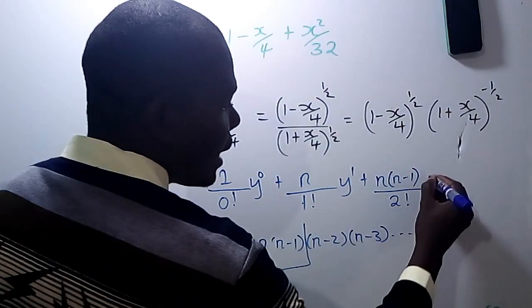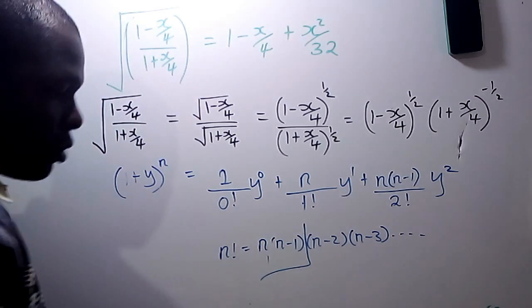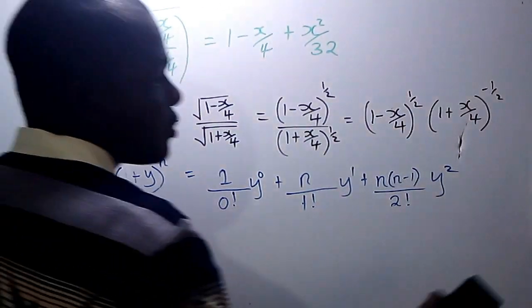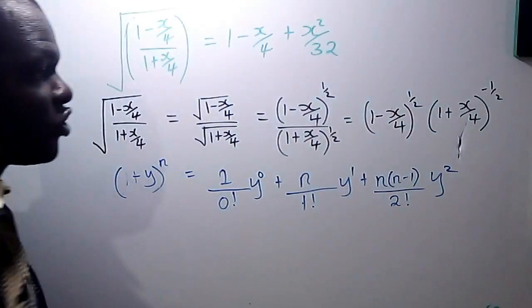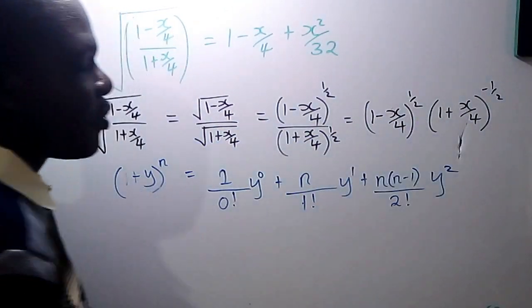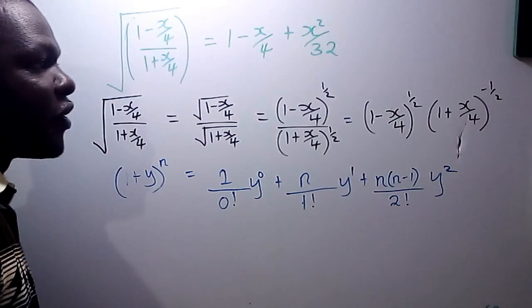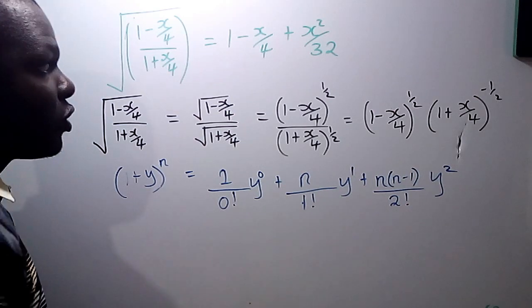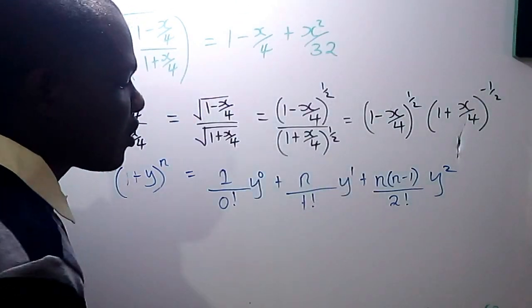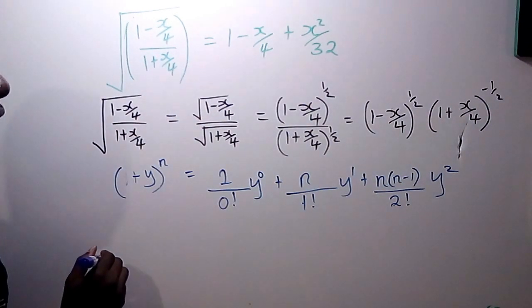Then our y is raised to power 2. So we will use this Maclaurin series expansion of the binomial expansion to expand the product of these two binomial expansions with real powers. We have to expand up to the term x squared because that is the approximate value that is required.